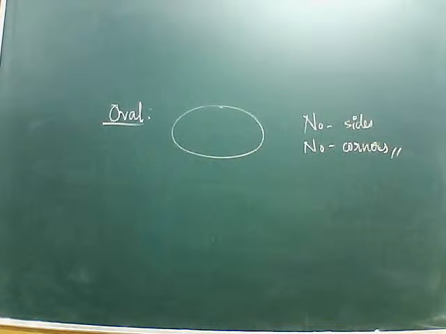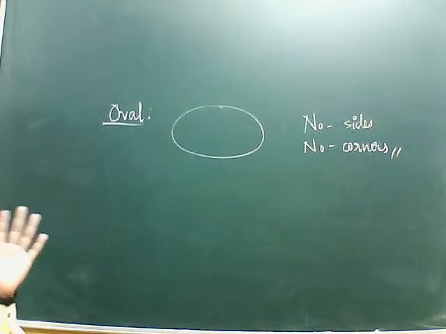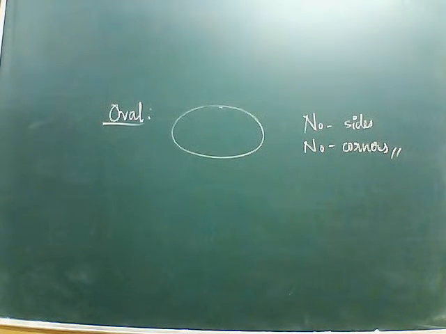It is similar to your circle. Circle has no sides, no corners, and oval also has no sides and no corners. So these are the different flat shapes we have learned. After this, let's move on to the next topic, that is solid shapes.